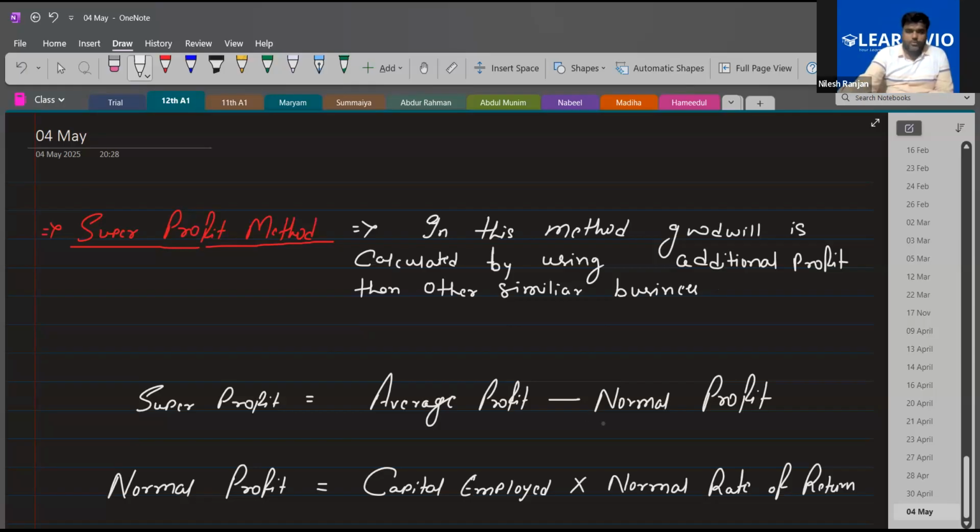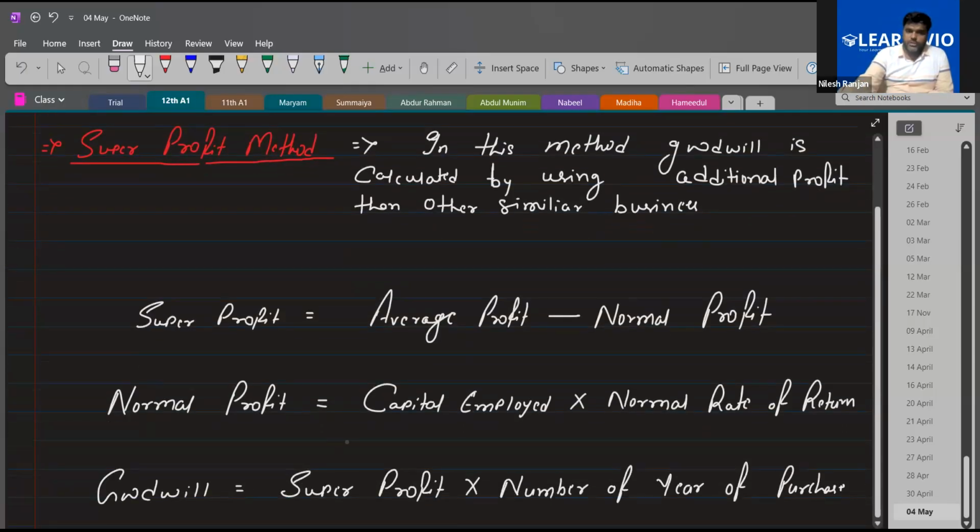Super profit equals average profit minus normal profit. Normal profit equals capital employed into normal rate of return, and goodwill equals super profit into number of years of purchase.